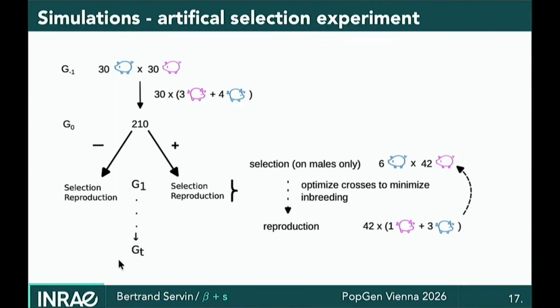Doesn't matter for today, but what happens at each generation is there are 6 males selected and they're crossed to 42 females. And the crosses are not random. They are made so that there is not too much inbreeding going on. And so you can see the sample sizes are pretty small, right? The population sizes are pretty small.